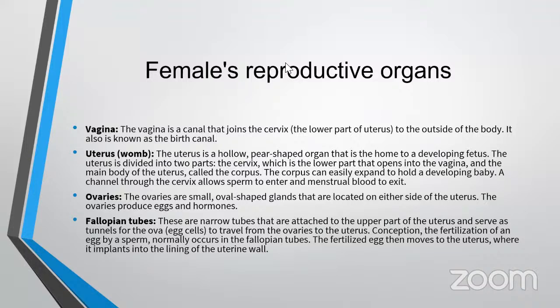Okay. So the fallopian tubes are two narrow tubes that are attached to the upper part of the uterus and serve as tunnels for the eggs to travel from the ovaries to the uterus. So this is the brief introduction about the reproductive system and the organs involved.